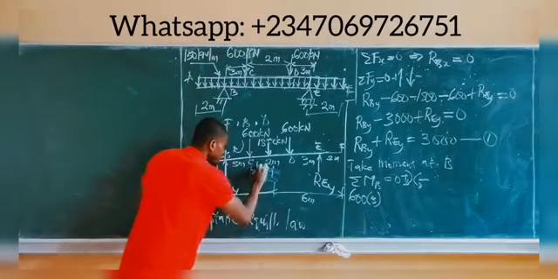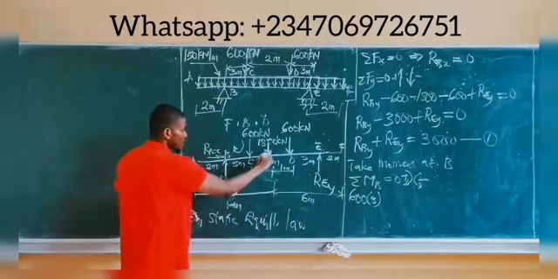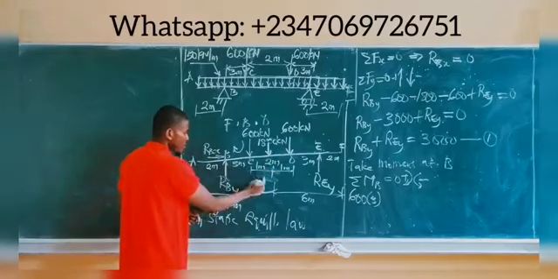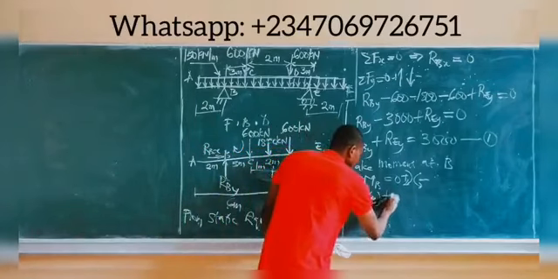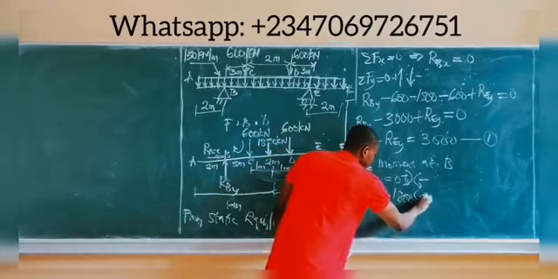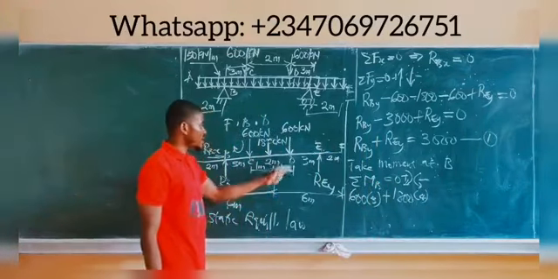It's 1 meter, and it's also 1 meter. So the total distance is simply 1 plus 3, which is 4. So we simply have plus 1800 times 4.